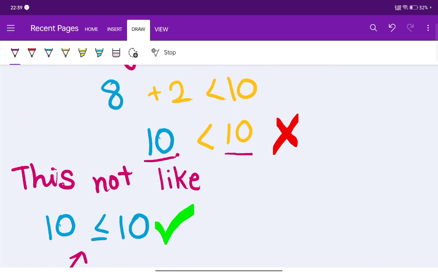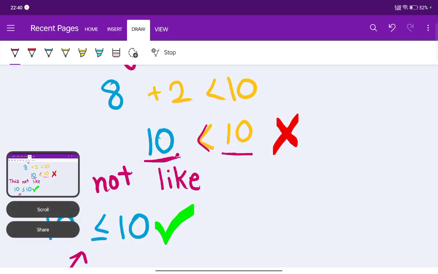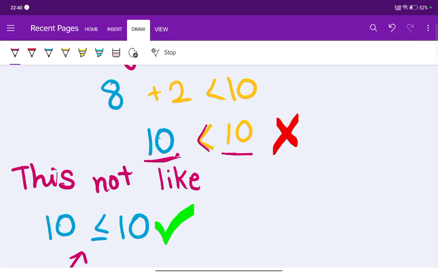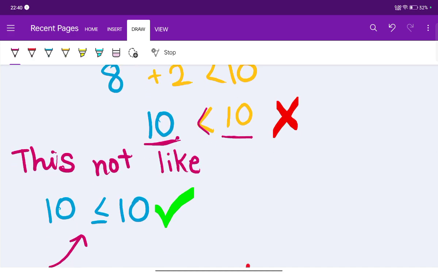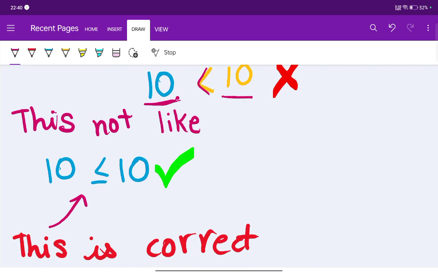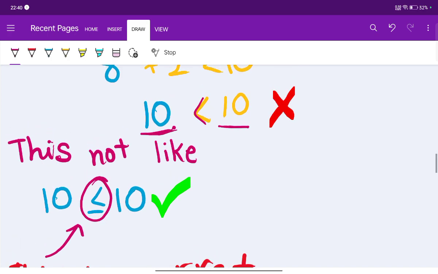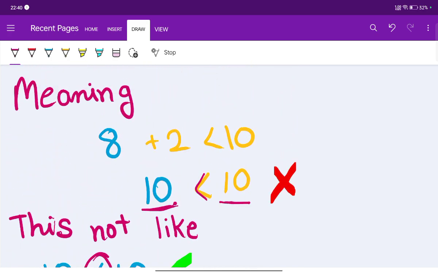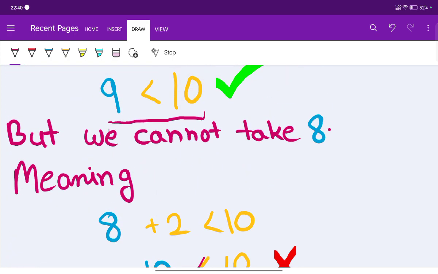Now these both are equal, but this is a less than sign, meaning that they could not be equal. If they would be equal, then this sign would come. And any number over 8 we cannot take.